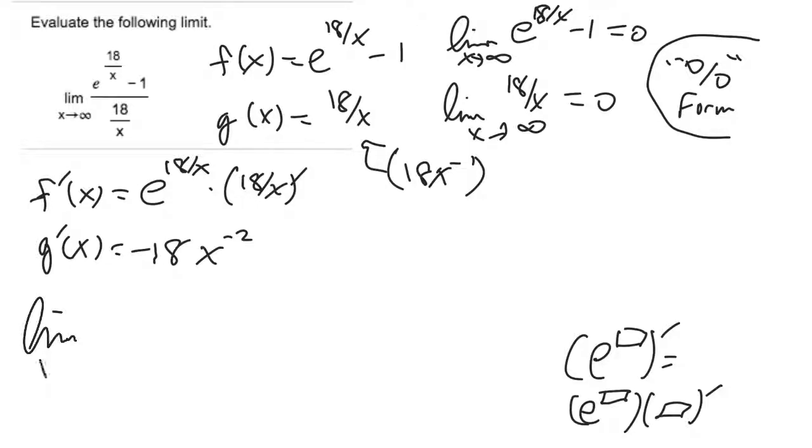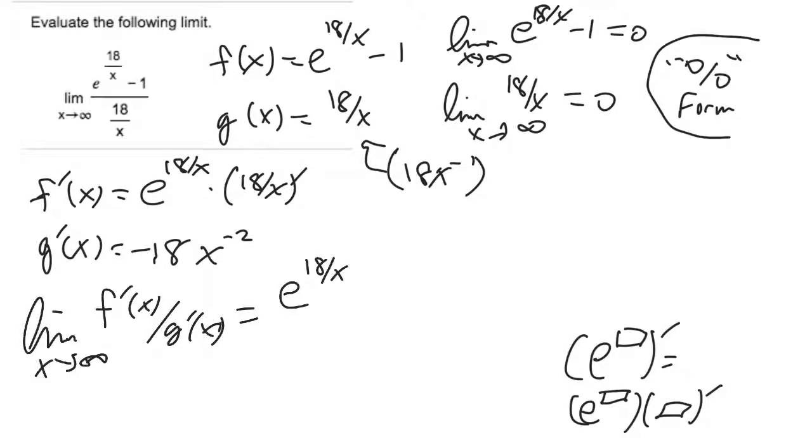The limit as x goes to infinity of f prime divided by g prime is going to have this e to the 18 over x in it times the derivative of 18 over x, which we've already done once, divided by the derivative of 18 over x.